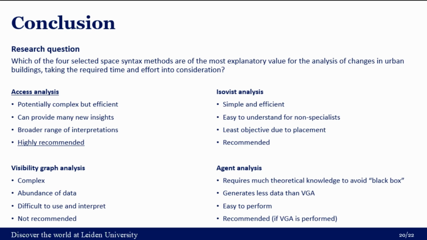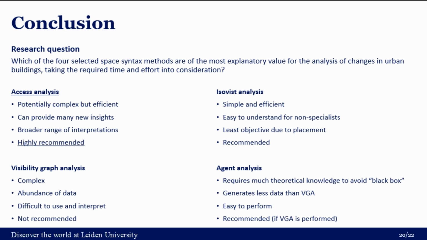And lastly, you have agent analysis. The disadvantage of agent analysis is it requires a lot of theoretical knowledge about how the agents work, how they are programmed, in order to avoid the so-called black box effect of not knowing why the agents go somewhere. Depending on if you like a lot of data or not, it generates less data than VGA.